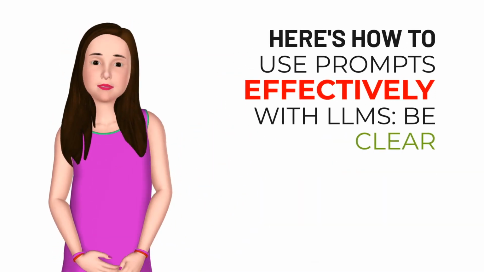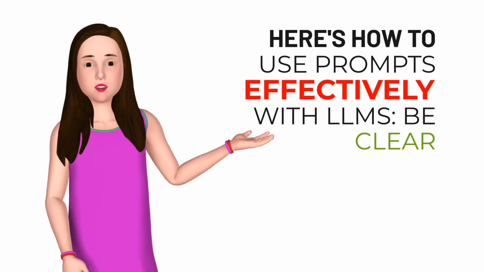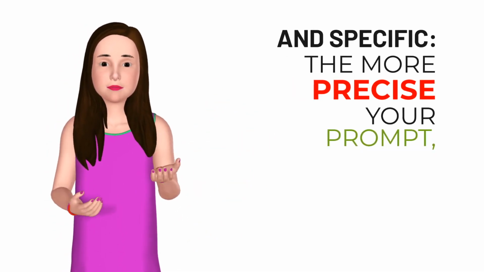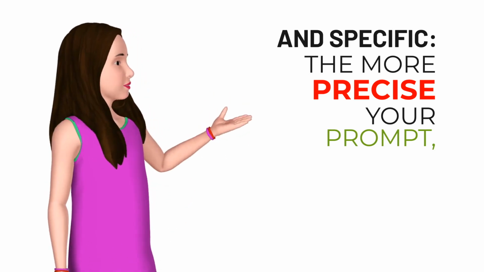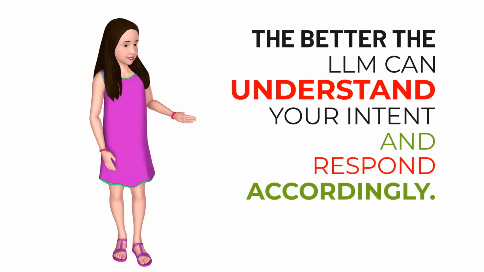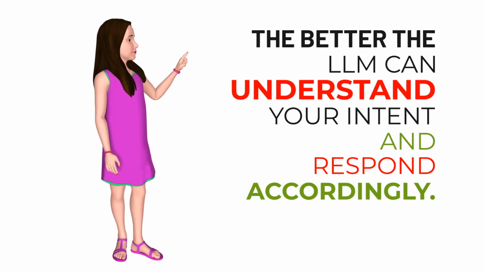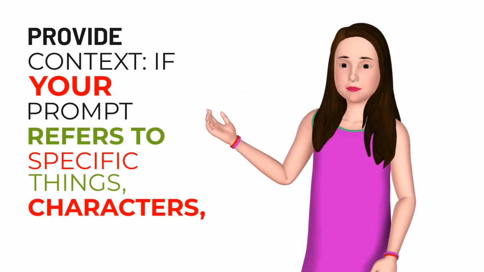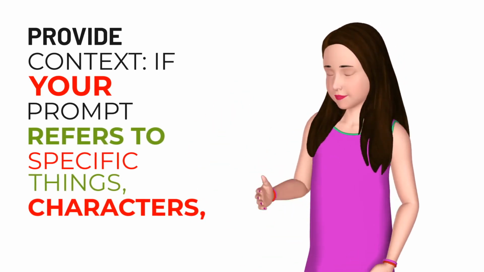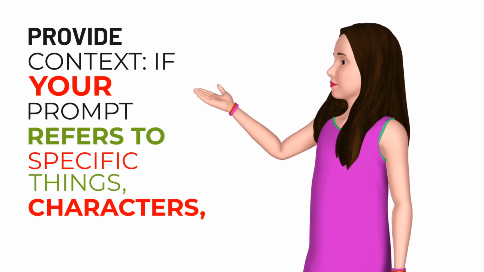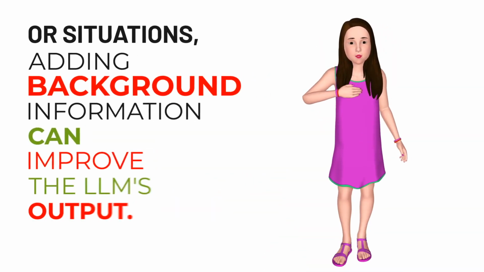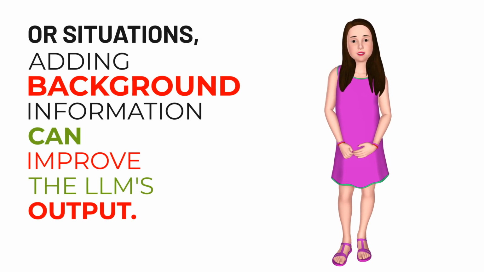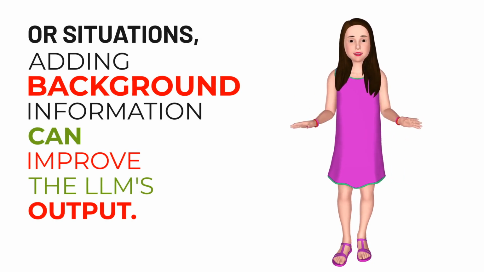Here's how to use prompts effectively with LLMs. Be clear and specific. The more precise your prompt, the better the LLM can understand your intent and respond accordingly. Provide context. If your prompt refers to specific things, characters, or situations, adding background information can improve the LLM's output.